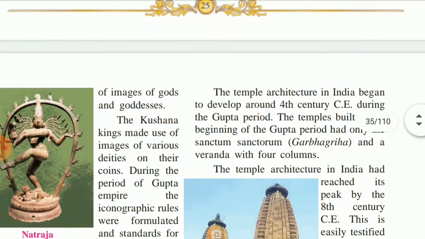So now you know what iconography is: the images of gods and goddesses. The Kushana kings made use of images of various deities on their coins.